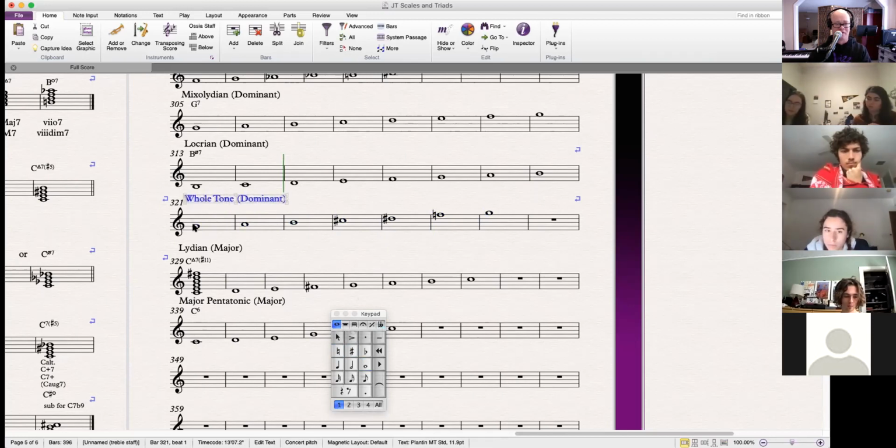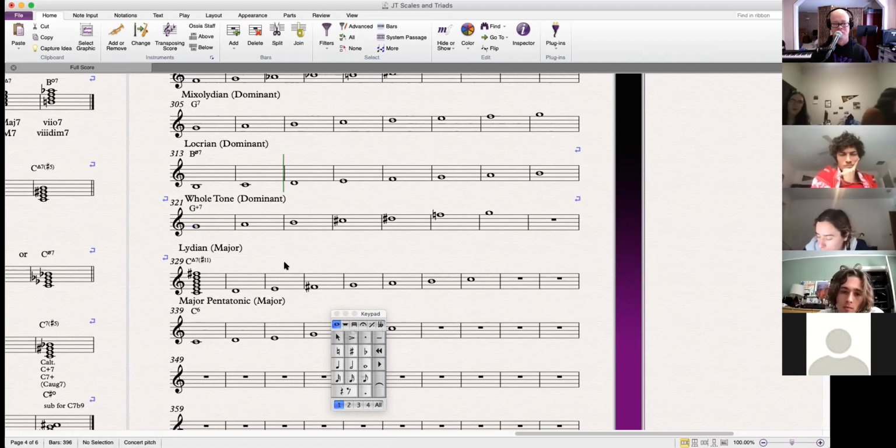So if I stack this up, 1, 3, 5, it's an augmented chord, but then it has a minor 7. So it's an augmented 7 chord. Can everybody see that? So it's very clearly a dominant quality chord or dominant quality scale. So it's a dominant chord scale.